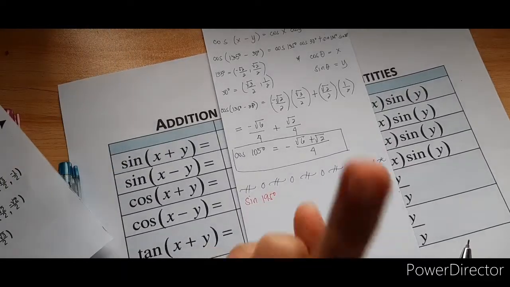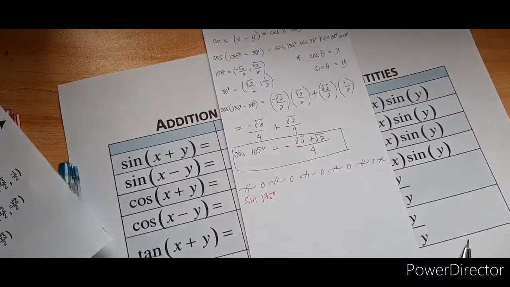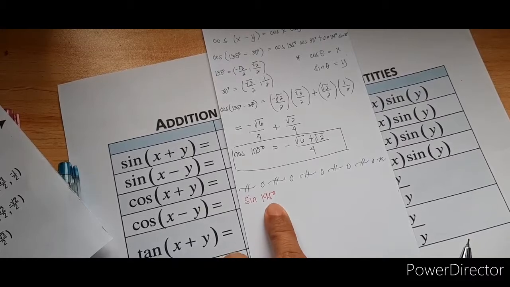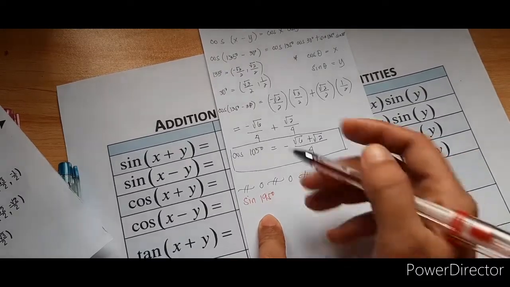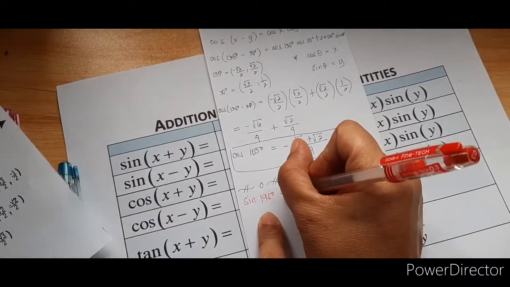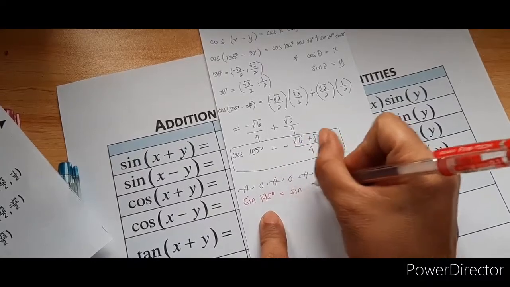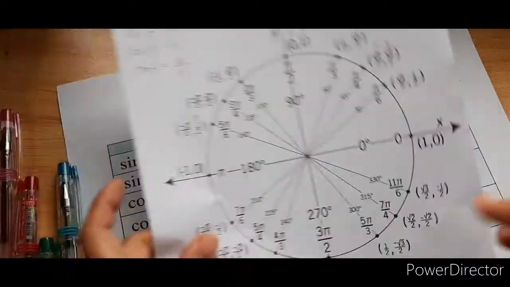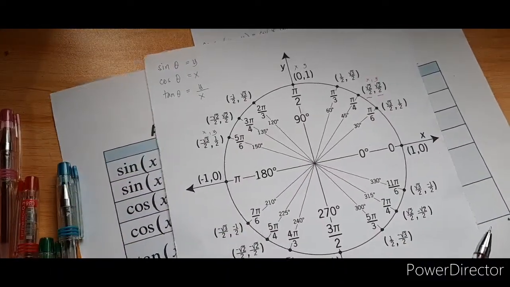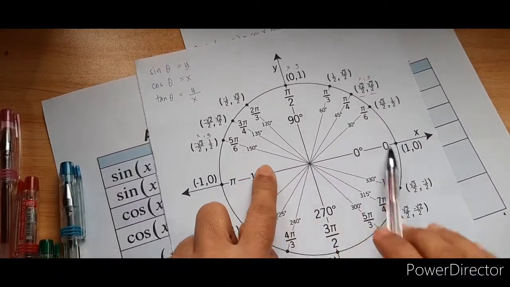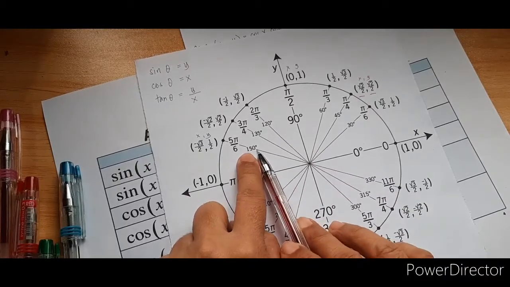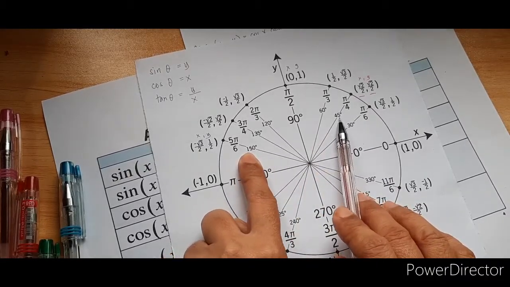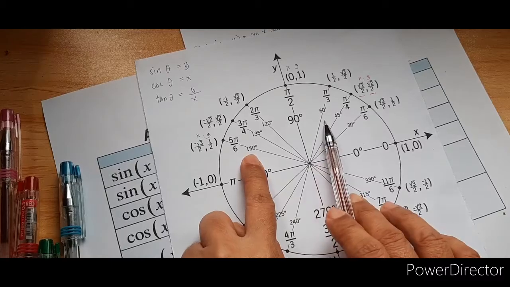So, hahanap tayo ngayon ng dalawang number na kapag pinag-plus o kaya pinag-minus is equal to 195. Okay? So, 195 is the same as what? Ayan. So, alin kaya dito? May 195 ba tayo? Wala. So, 150 plus 45. Isn't it? 150 plus 45.